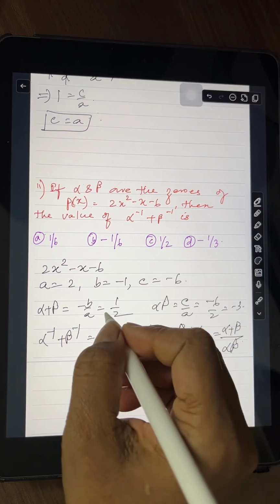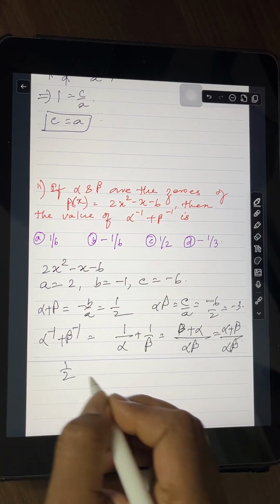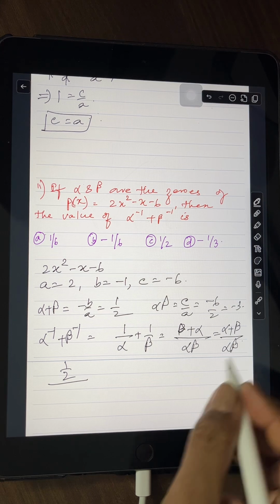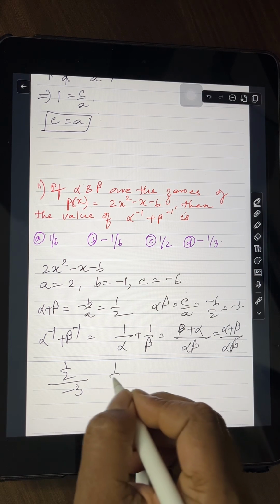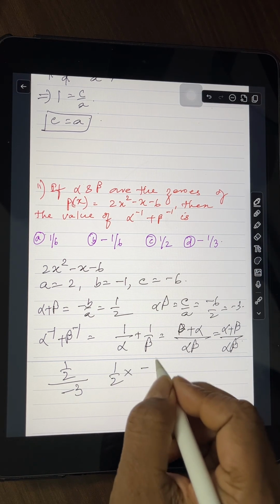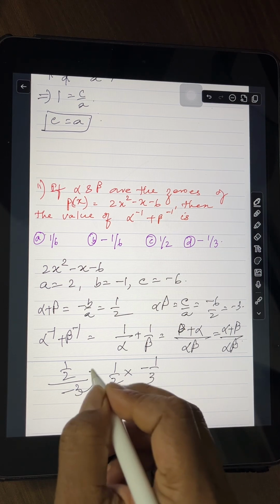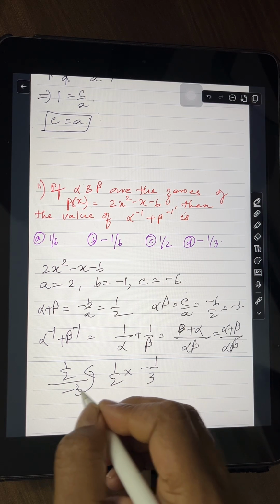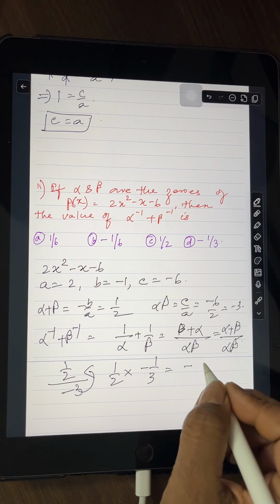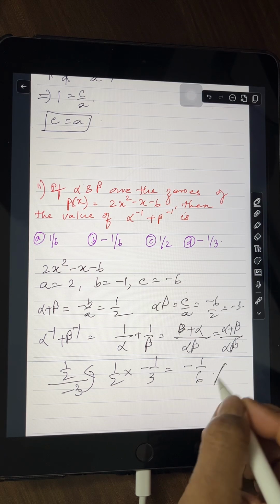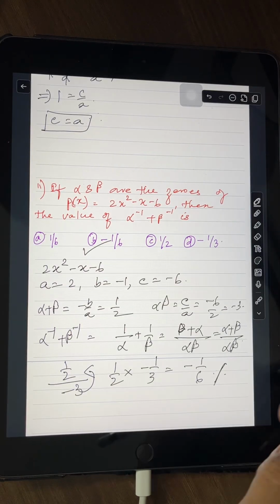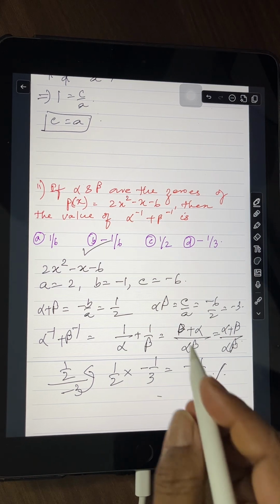What is alpha plus beta? 1 by 2. And what is alpha into beta? Minus 3. So 1 by 2 into minus 1 by 3, because this 3 will become reciprocal. So minus 1 by 6. This is your answer. Okay, done.